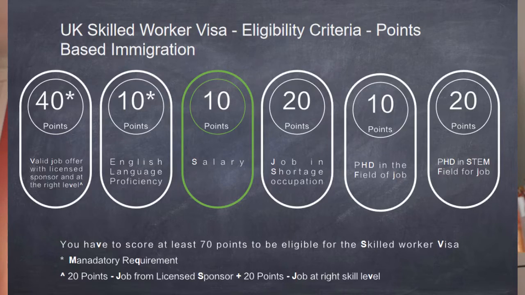That is the third one. The fourth one is your salary. The salary component has a certain number of points given because of a specific benchmark or threshold of the salary. Usually the salary benchmark is around 25,600 pounds.